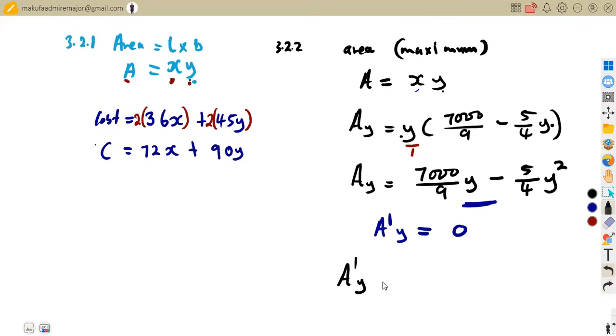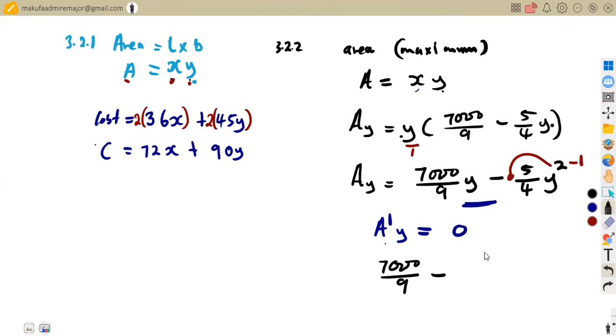So we can have our derivatives there. The derivative of area is going to give us 7,000 over 9. Here we've got a linear part y, so it takes the constant. Minus, remember, we have to drop the exponent, then subtract 1.